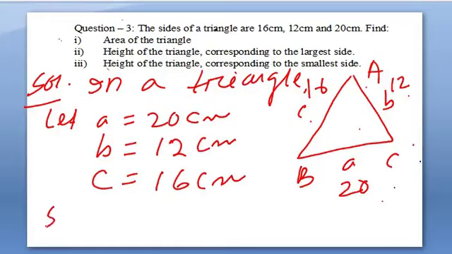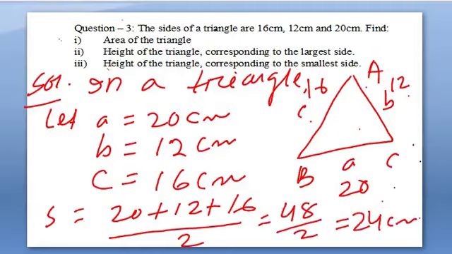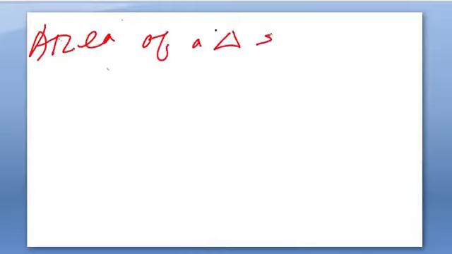So S equal to A plus B plus C by 2, that is 20 plus 12 plus 16 whole divided by 2, equal to 48 divided by 2, equal to 24 centimeter. Now we can get the area of the triangle by the formula.